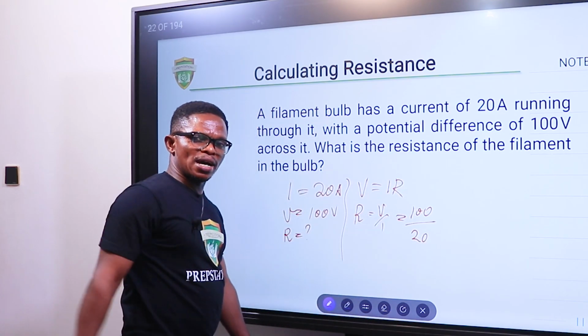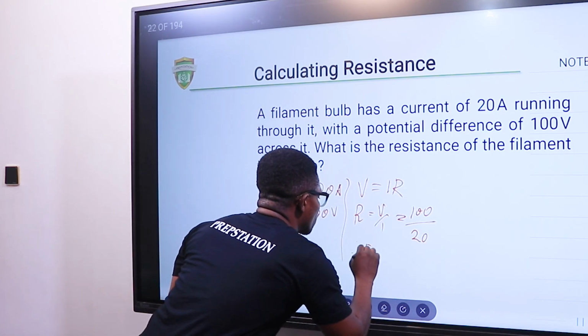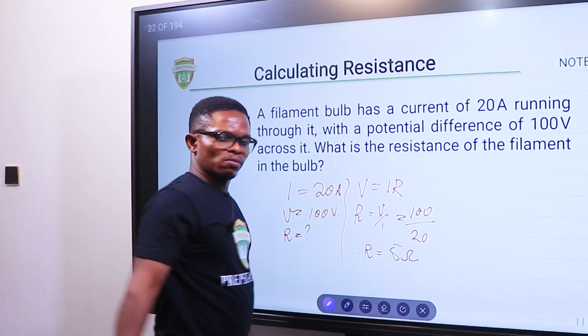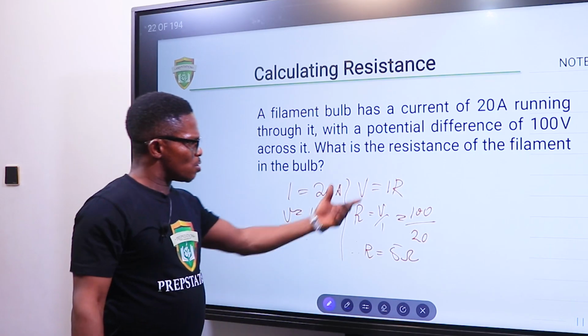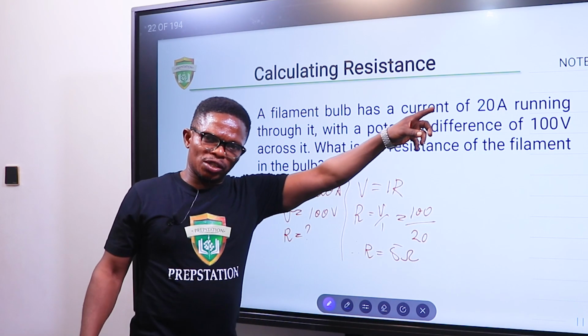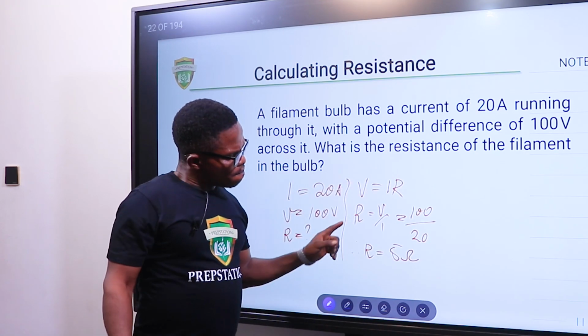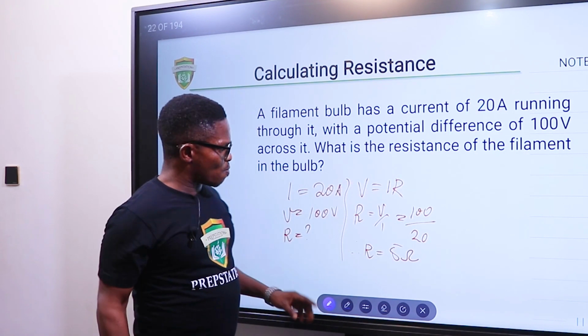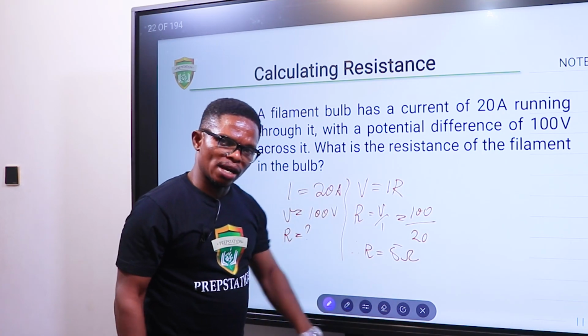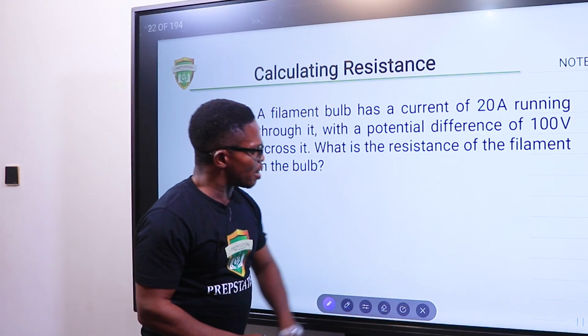So 100 divided by 20, therefore the resistance we are looking for is 5 ohms. Very simple calculation using Ohm's law. All you need to do is outline all the parameters given in the question, use the formula, make the unknown the subject of the formula, substitute the values, and then play with the numbers to get your answer. I believe that was simple enough and very clear.